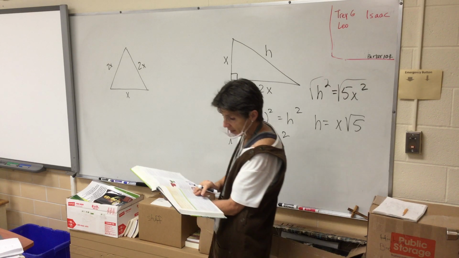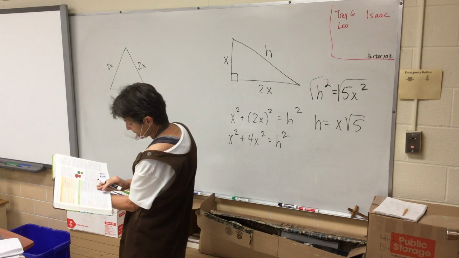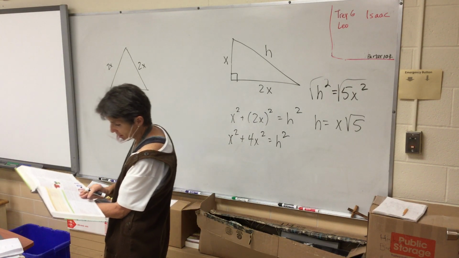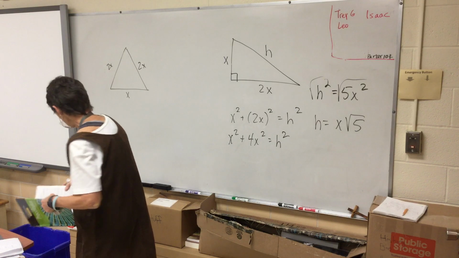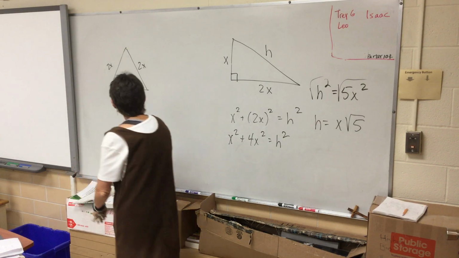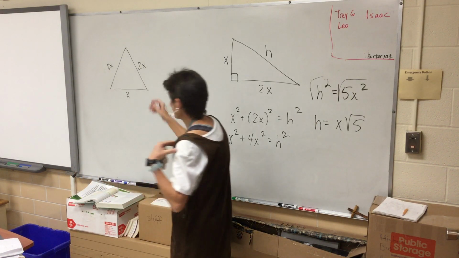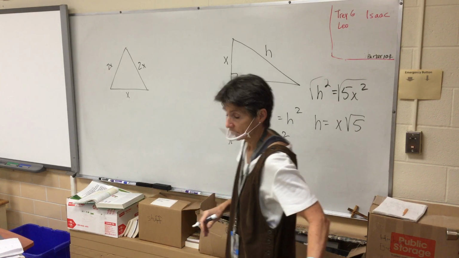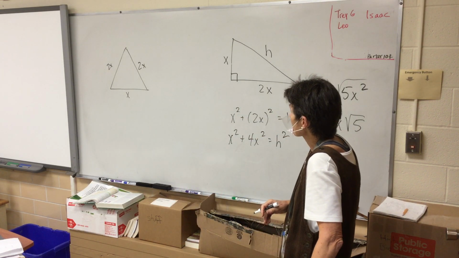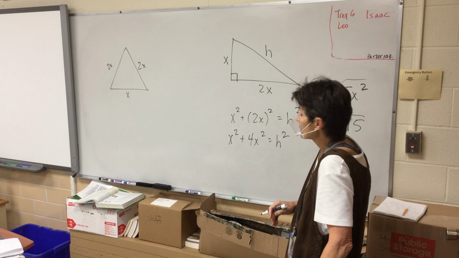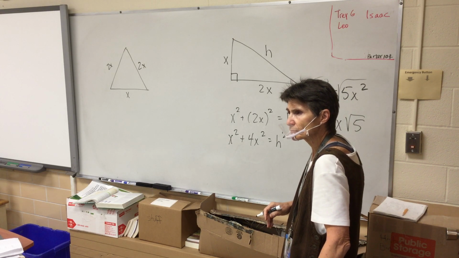Write the area of the triangle as a function of the length of the base. So I just need to write the area of that triangle. Thoughts? Jacob?